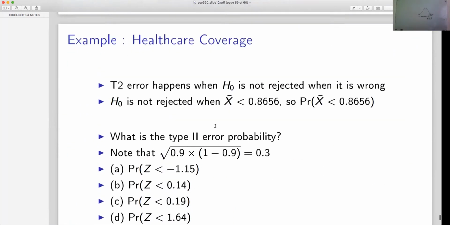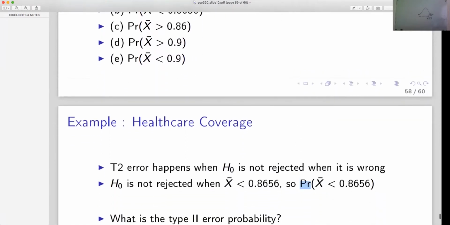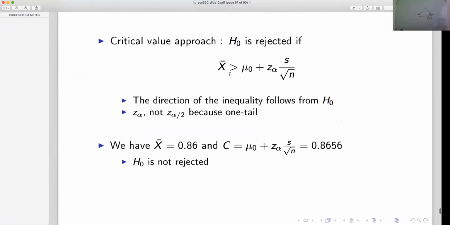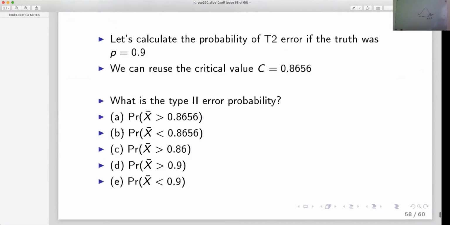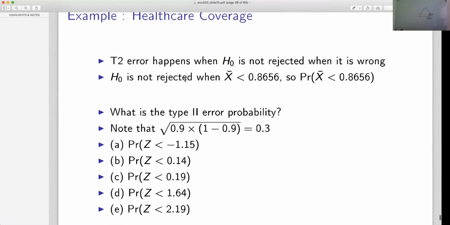Our answer should be the probability that X bar is less than this, because if it is higher, we reject, but we want to find the probability of not rejecting, so the sign should be inverse. So the answer should be B as a result. Type 2 error happens when it's not rejected, when it's wrong, okay? So of course, this is the answer.